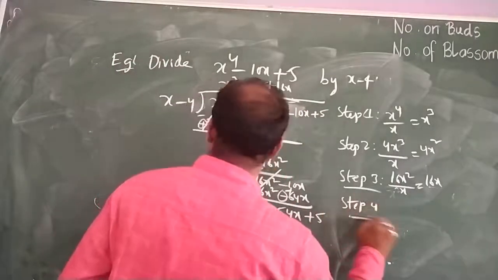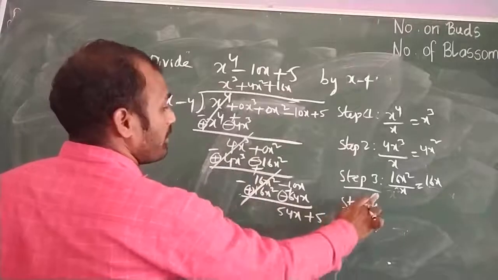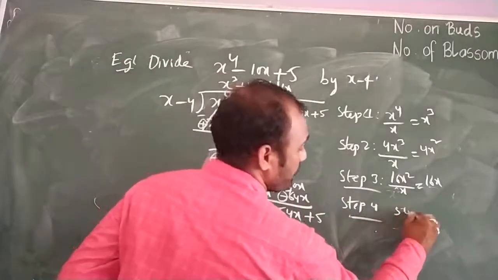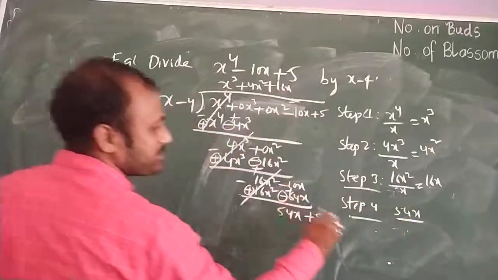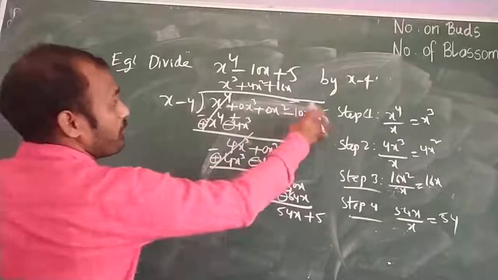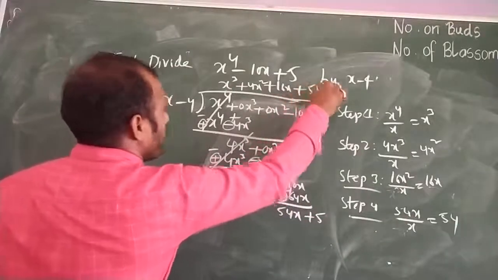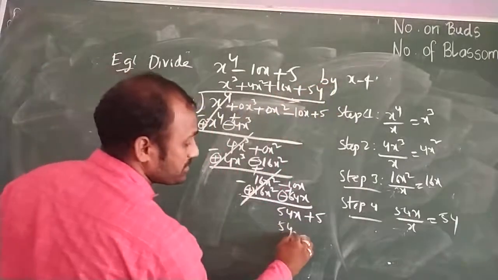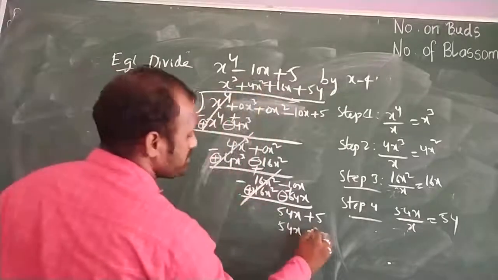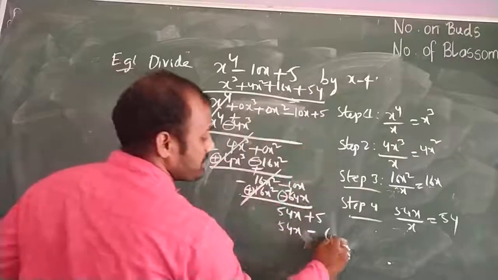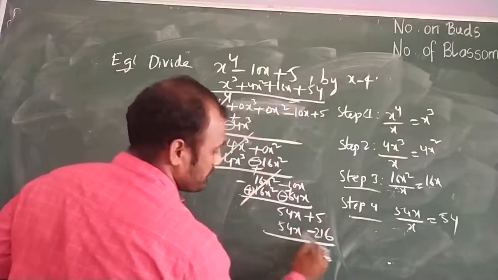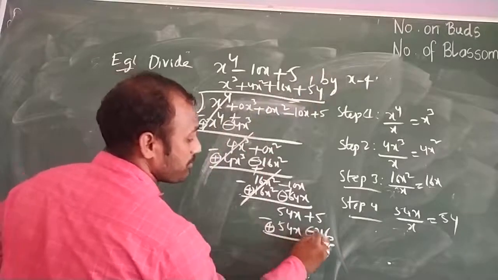Step 4. Here we take the first term, 54x divided by x, so the answer will be 54. So plus 54. 54 into x is 54x, and 54 times 4 is 216. Plus becomes minus, minus becomes plus.